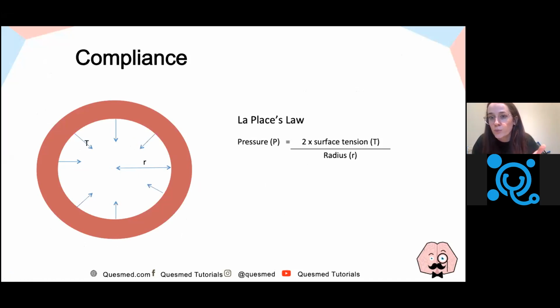The radius would be directly proportional to compliance. So an increased radius would cause an increased compliance of that alveolus, okay? So it would have been good if I had these two equations together in order to illustrate that point.